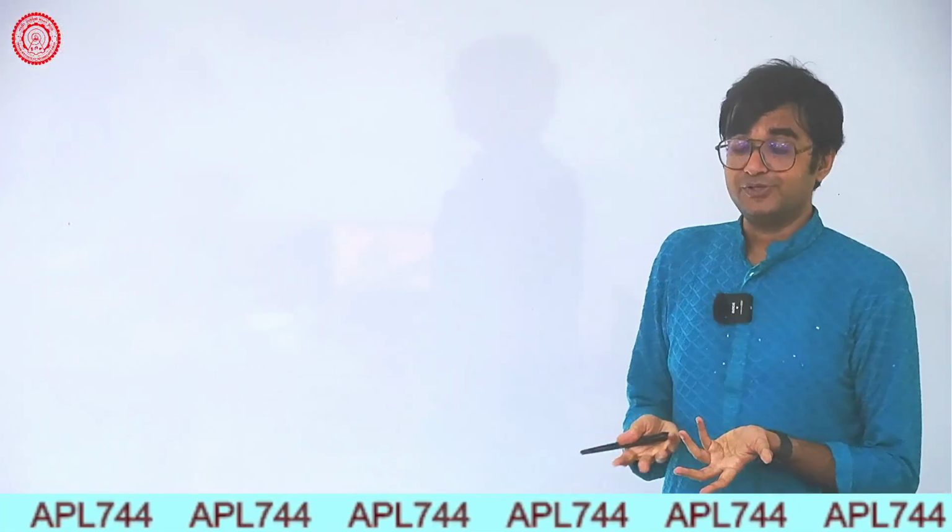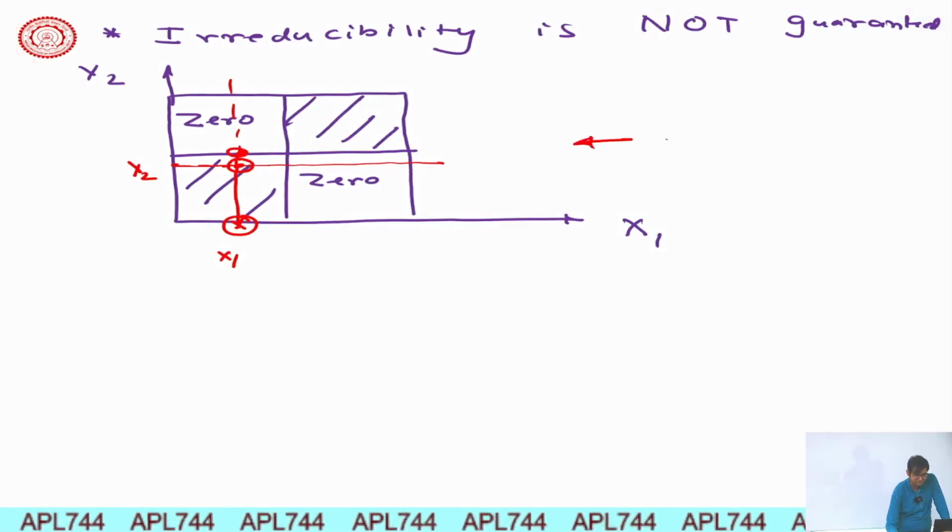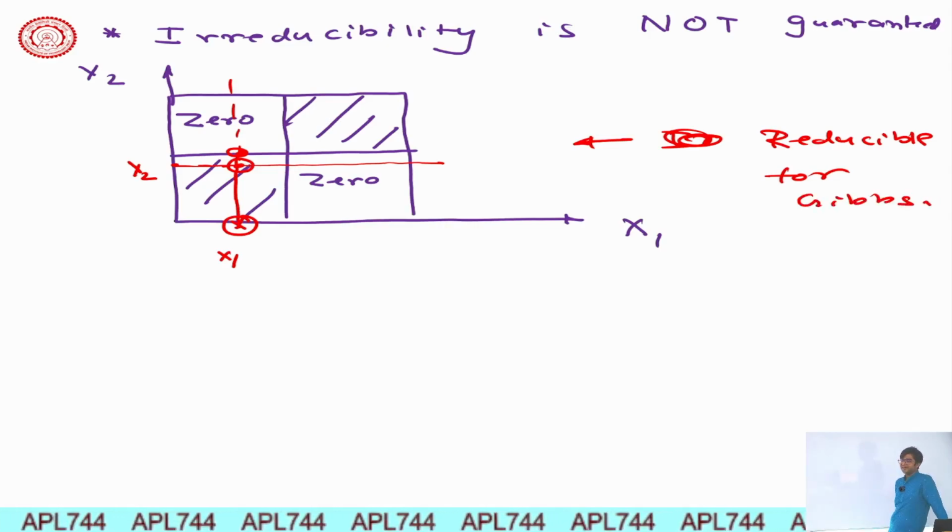So what to do in this kind of scenario? In this scenario, this is a reducible case for Gibbs. The solution for this is that you have to do a variable transformation.